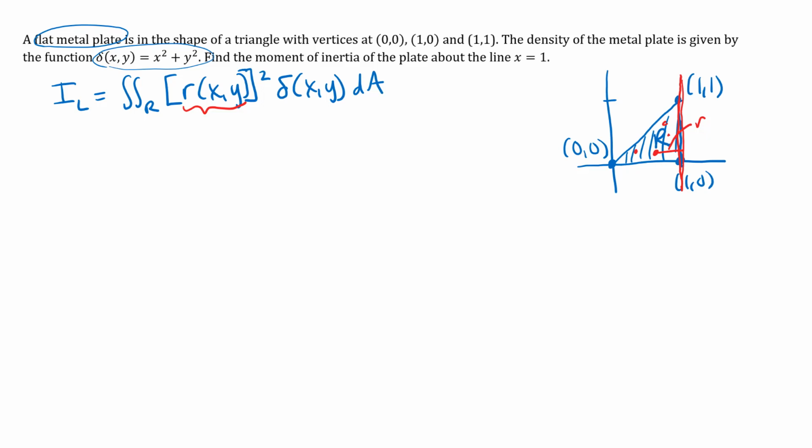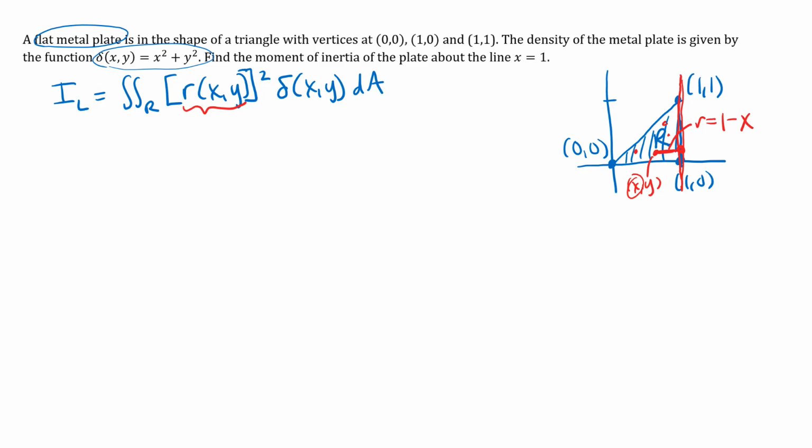This r is going to be the distance from the line x equals 1 to some arbitrary point (x, y). You can see that distance across there is really measured as the horizontal distance. It doesn't matter what the y coordinate of that point is; it's really focused on the x coordinate. What I've done here is write an expression for the difference between 1 and x. I took the larger minus the smaller. So that's going to be my r.